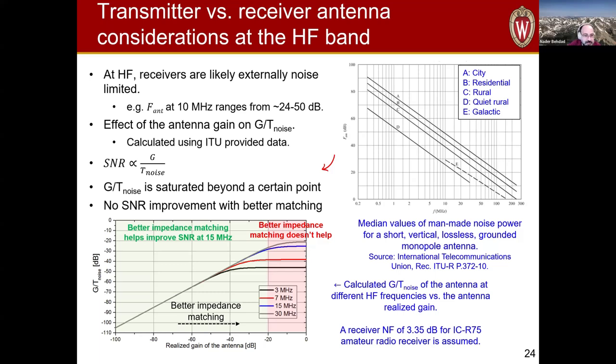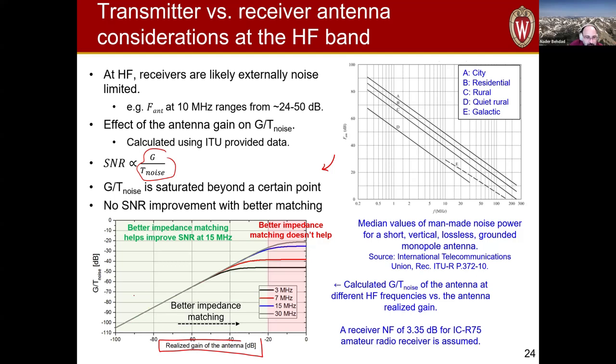So here is some calculation that we did a while back, where we looked at the effect of impedance matching on the signal to noise ratio, or the G over T noise of our antenna system, as a function of better impedance matching.